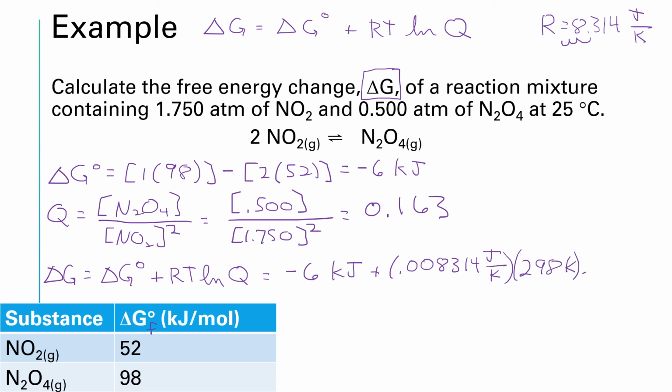And then we want the natural log of Q, and Q was 0.163. Let's see if we can run this whole big string through my calculator. Right now I've got the 0.163 still showing, so I'm going to take the natural log of that, which gives me a -1.81. I'm going to multiply that times 298 and times 0.008314.